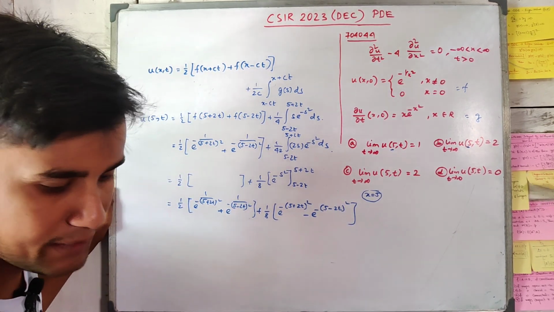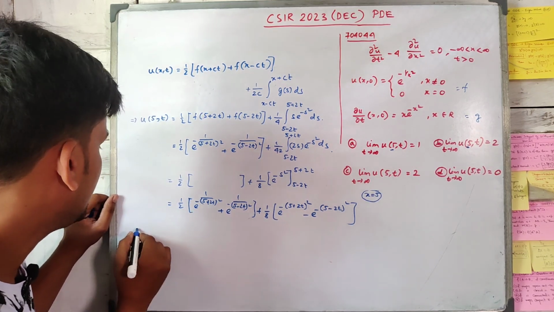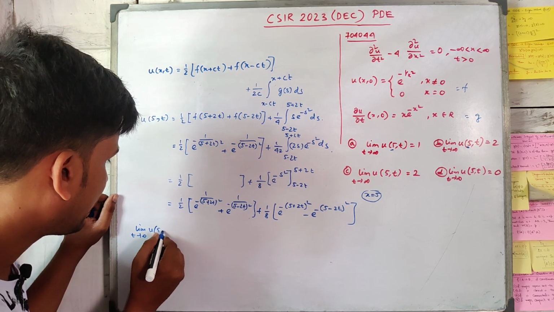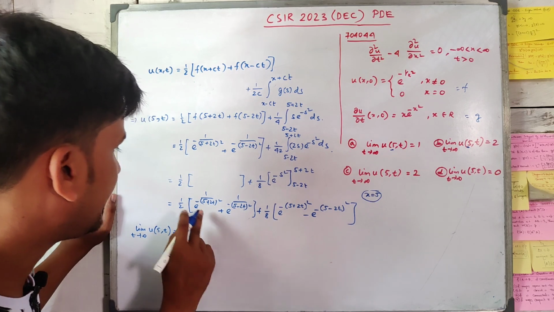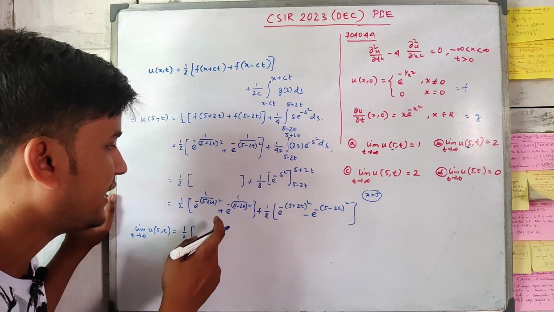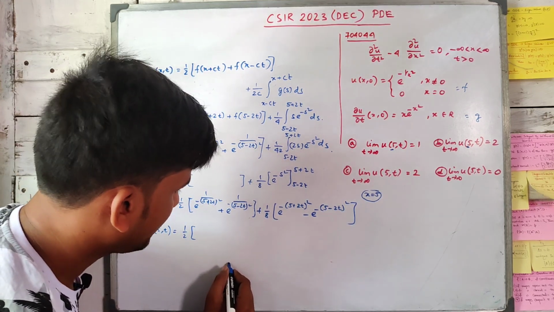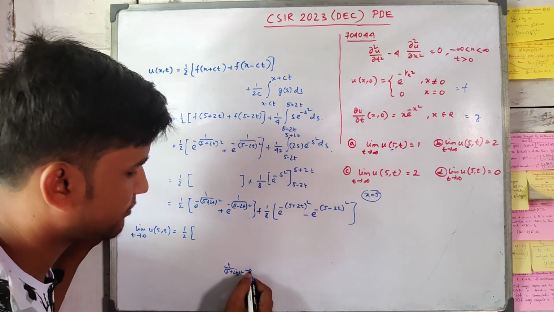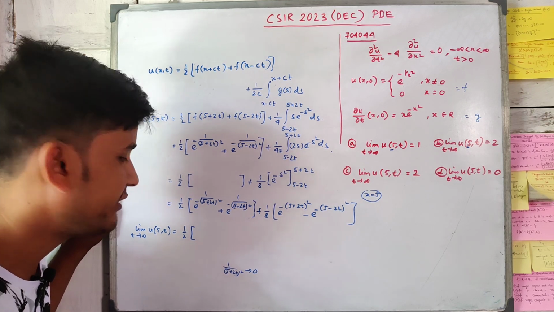Now if we take the limit as t tends to infinity, this term goes to 0. So limit t tends to infinity of u(5,t) is equal to half, and taking the limit, 1 by (5+2t) or 1 by (5-2t) goes to 0, as 5 plus 2t tends to infinity and 1 by infinity tends to 0.